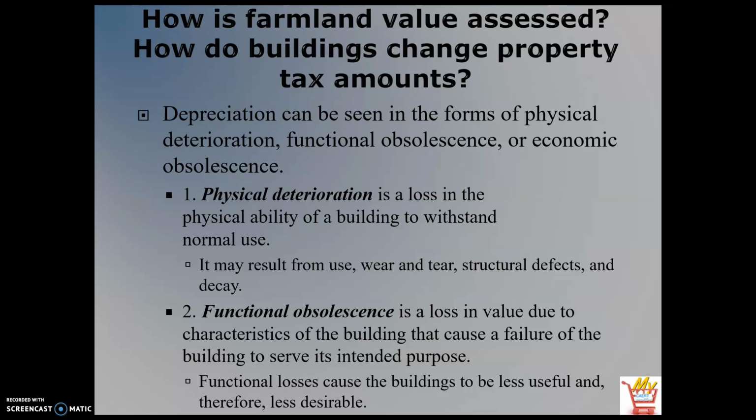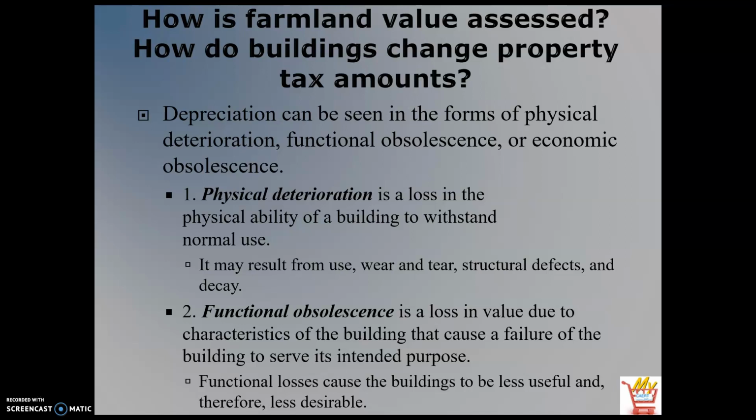The second is functional obsolescence. And functional obsolescence is a loss in value due to characteristics of the building that cause a failure of the building to serve its intended purpose. Functional obsolescence refers to a failure of the building to fulfill what it was supposed to do.